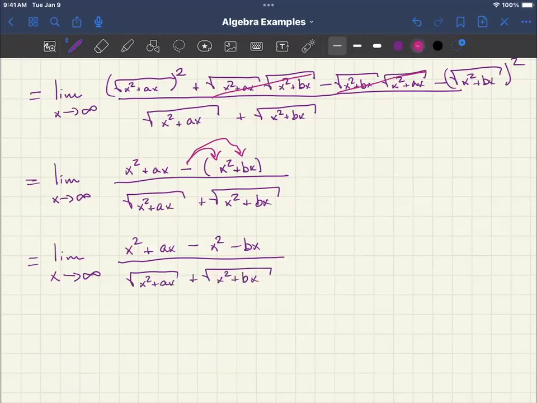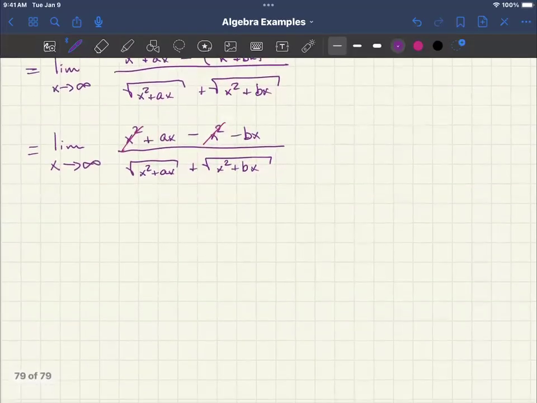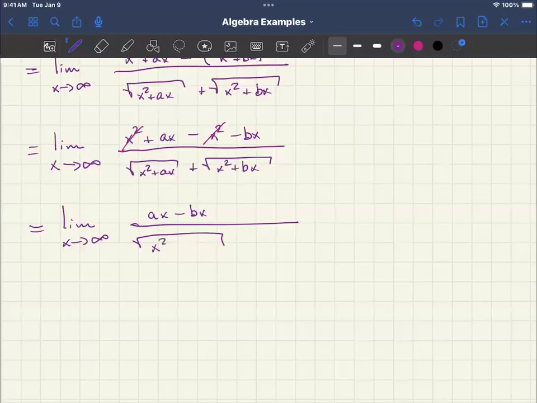All right, so our x squareds are going to cancel. And what we end up with is the limit as x goes to infinity of ax minus bx all over the square root of x squared plus ax plus the square root of x squared plus bx.